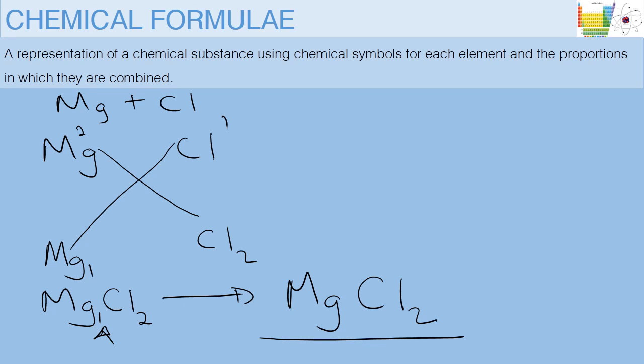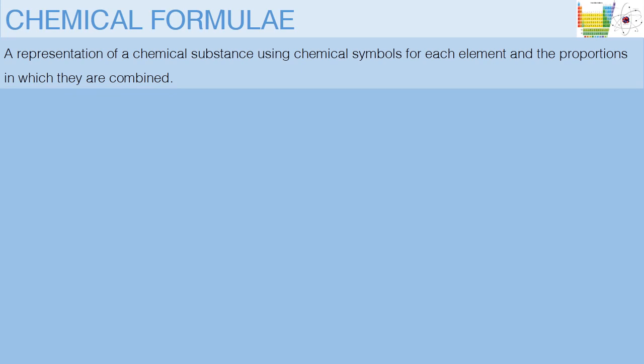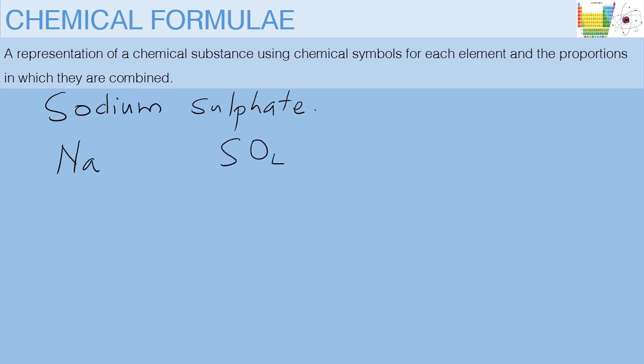Let us use an example with a radical. For example, we have a compound called sodium sulfate. It is the combination of sodium and a sulfate radical. The next step is to write the valencies. Sodium has a valency of 1, sulfate has a valency of 2.